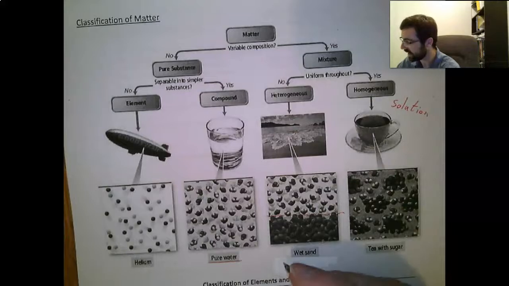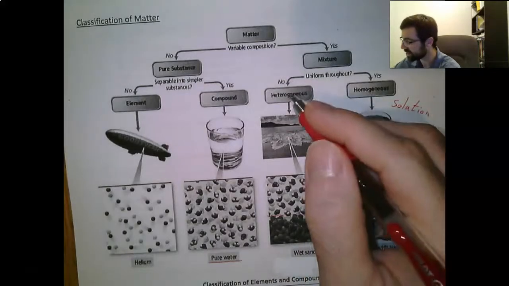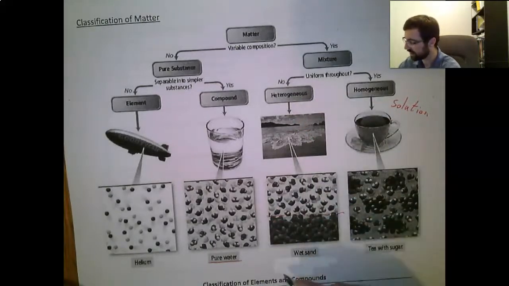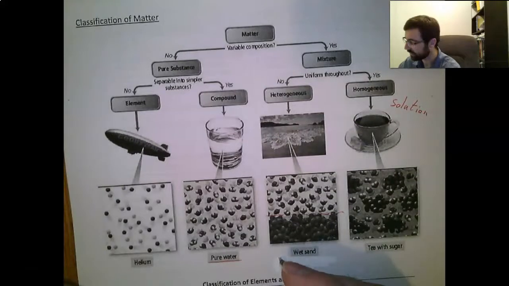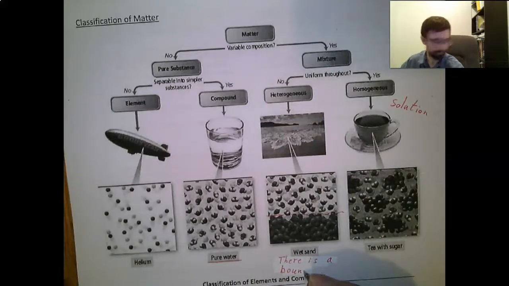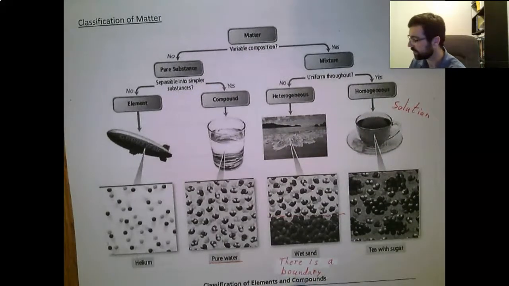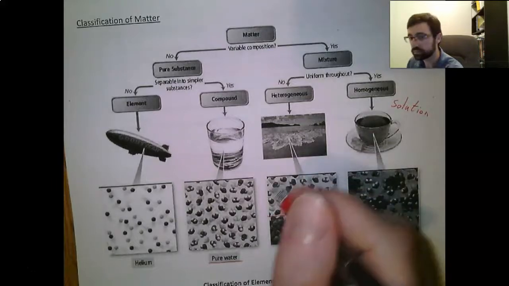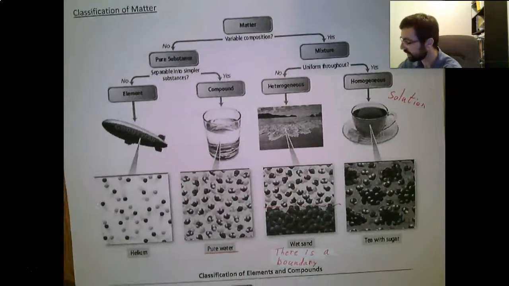So with a heterogeneous mixture, if we're looking at the molecular level, you will see that there is a boundary in the picture, when you're looking at a molecular picture, a very, very small picture.